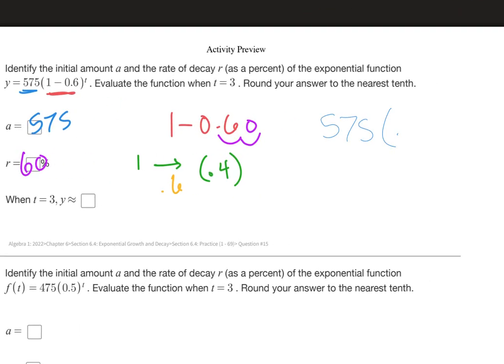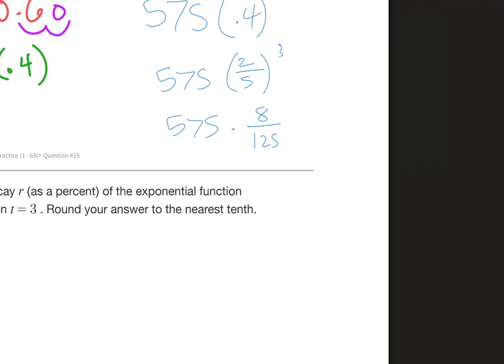575 times 0.4 to the third power. 575, that is some ugly writing, Mr. McMath. Let's do better. To the third power. Again, this is 2/5. I can actually do some of this math. So this is 8 over 125. And let's see. If we start dividing by 5, this is now 25, and this is now 115.